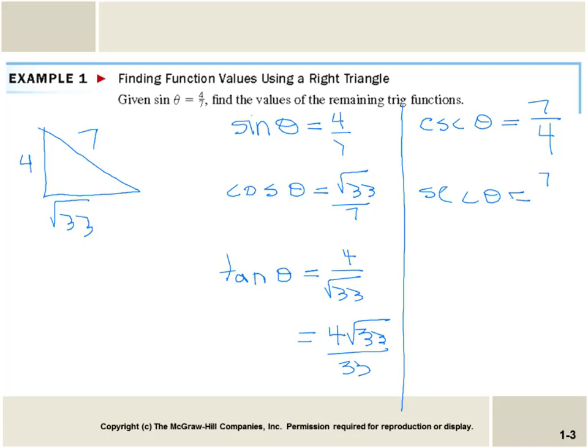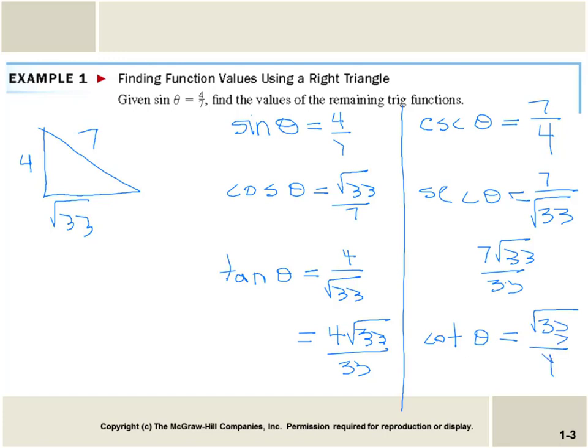The secant would be 7 over the square root of 33, which is 7 times the square root of 33 over 33. And the cotangent of theta would be equal to the square root of 33 over 4.